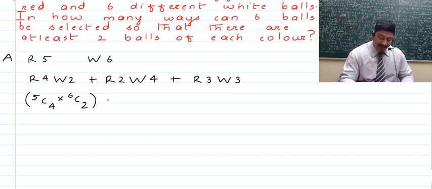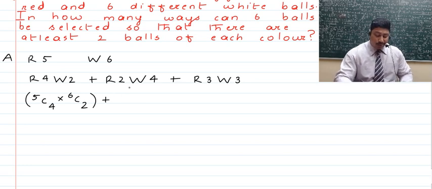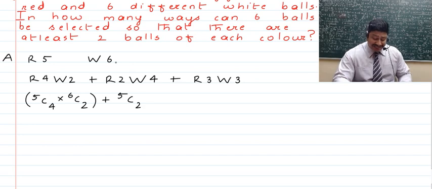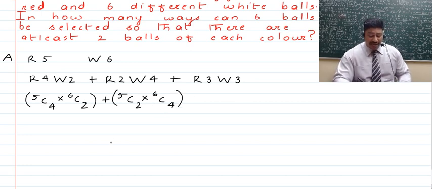We'll put this in a bracket because this is of one type. Now we talk about choosing 2 red balls from 5 red balls, and that can be done in 5C2 ways. And then we talk about choosing from 6 white balls 4 white balls, which can be done in 6C4 ways. And remember children, as there is correspondence which has to be done between the balls of these 2 different types, we will have to put up a multiplication sign in between.